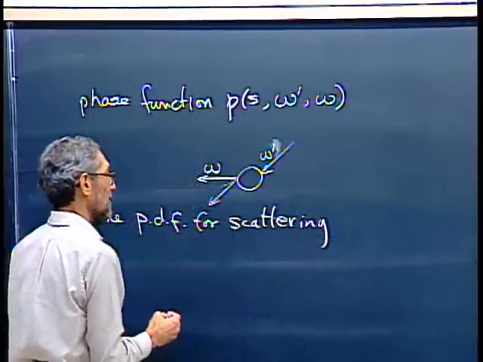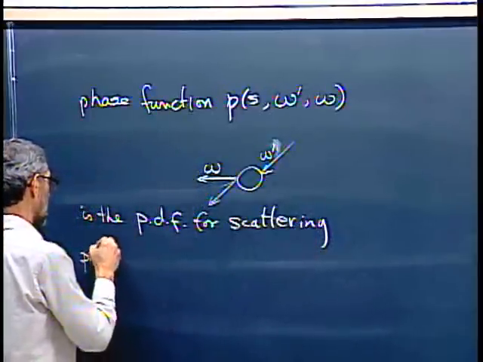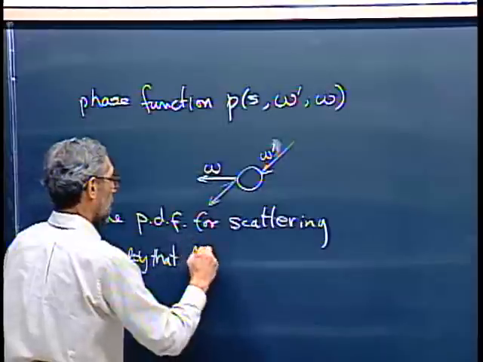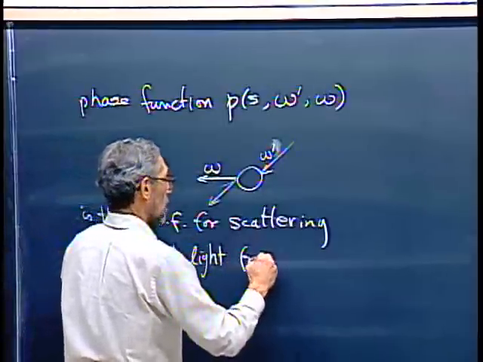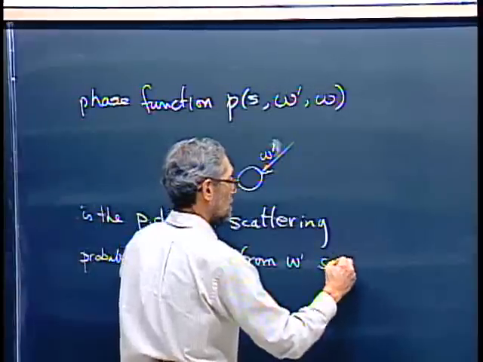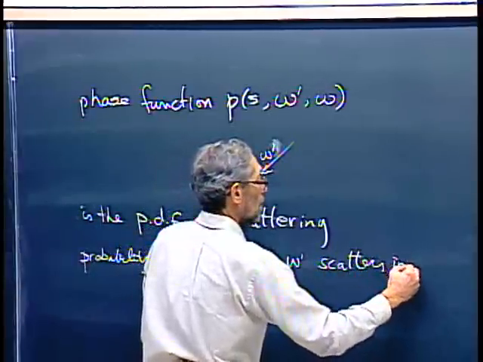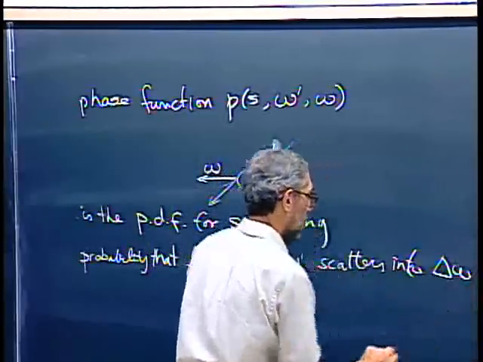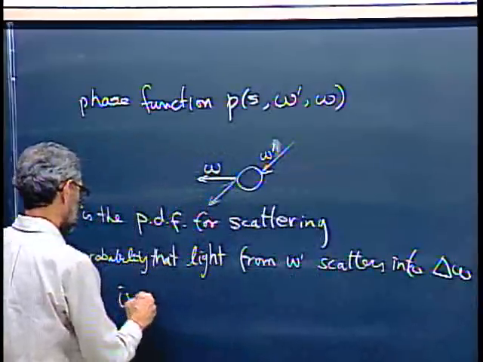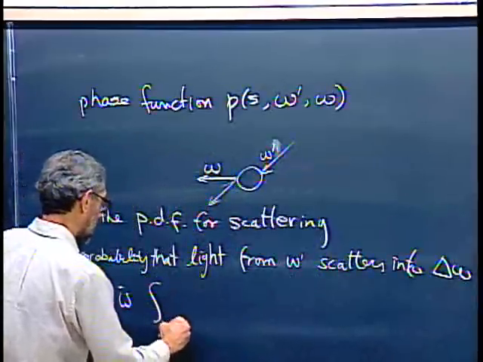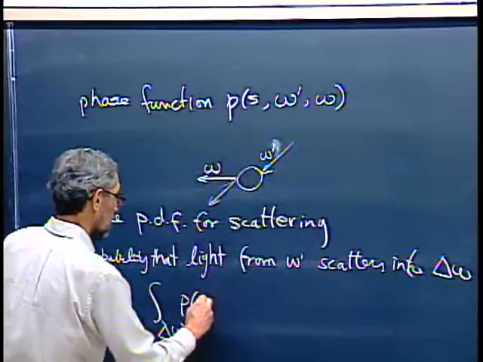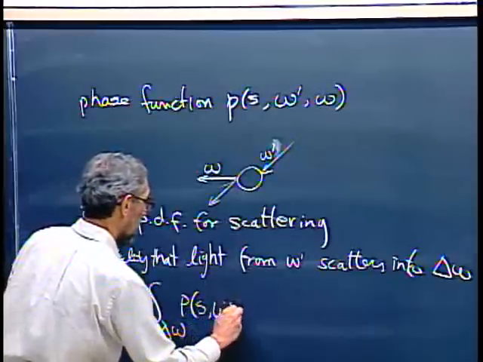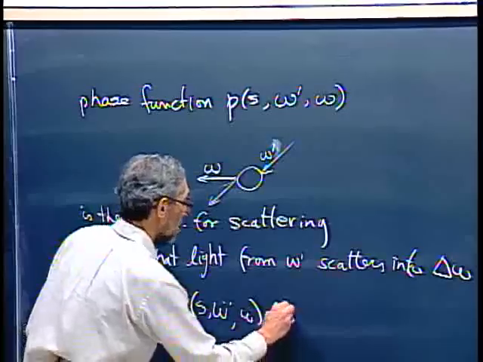And what that means is that the probability that light from direction omega prime scatters into some solid angle, say delta omega, is the integral over that solid angle delta omega of the phase function, still with the position, omega prime, omega, d omega, right?